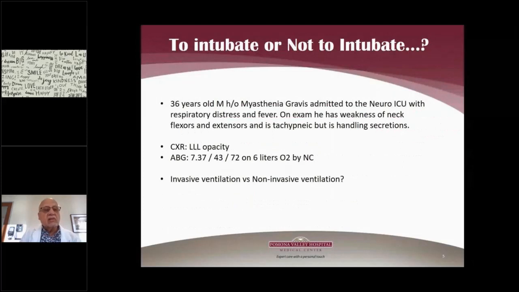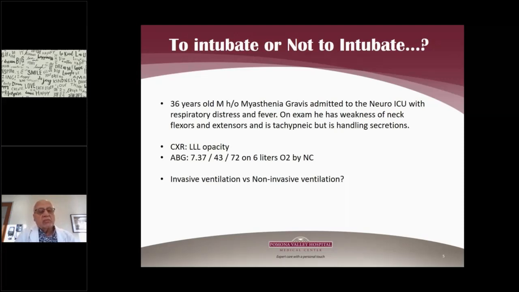Start off with a scenario, which is a 36-year-old male who has a history of myasthenia gravis. He's admitted to the neuro ICU with respiratory distress and fever. On exam, he's got weakness of neck flexors and extensors and tachypnea, but is handling secretions pretty well.